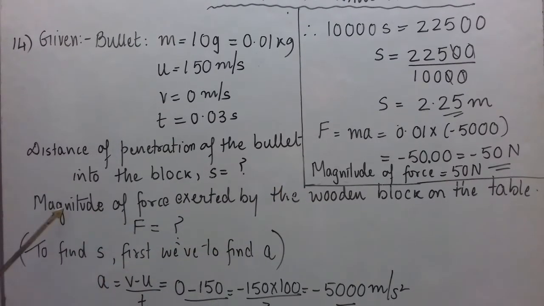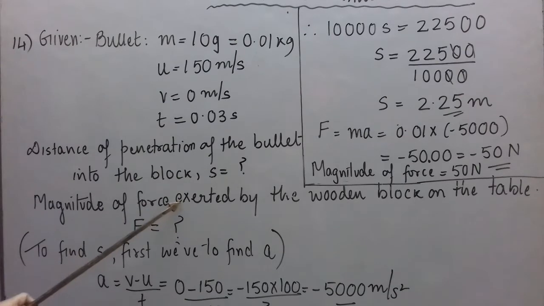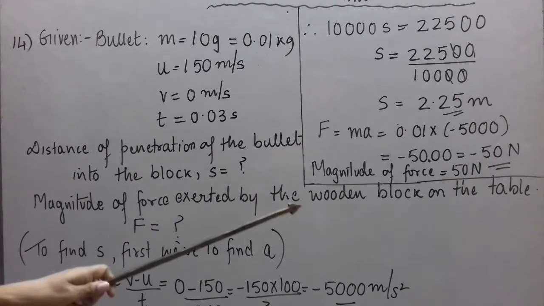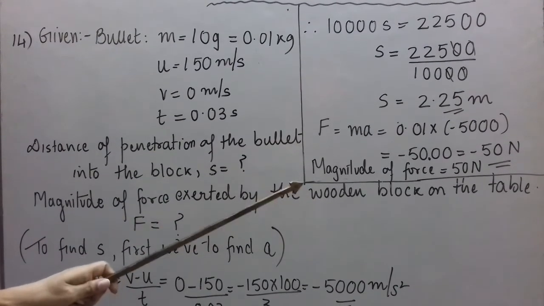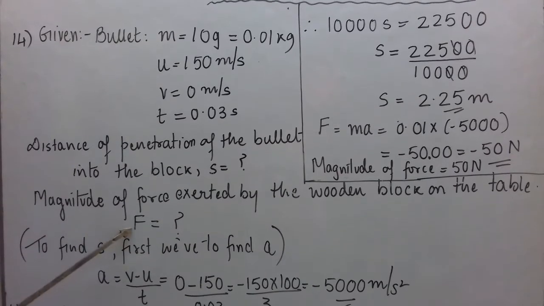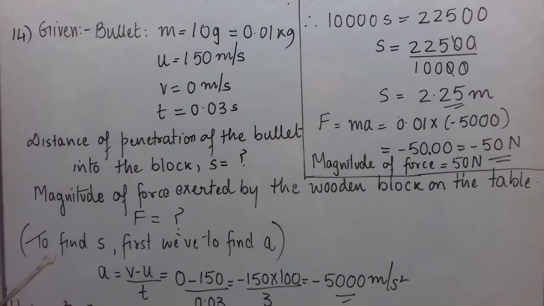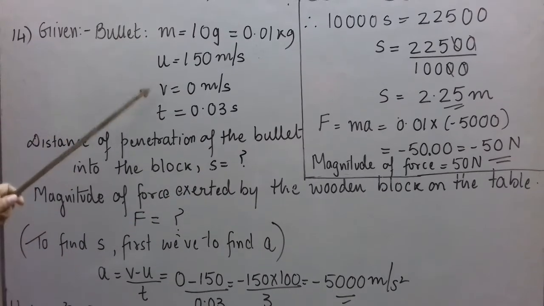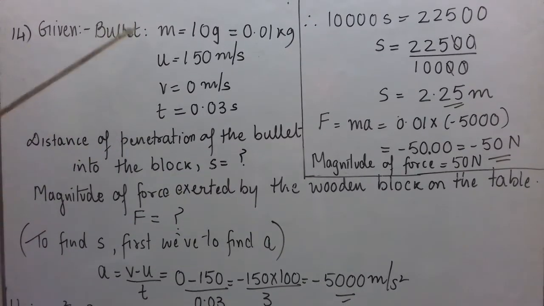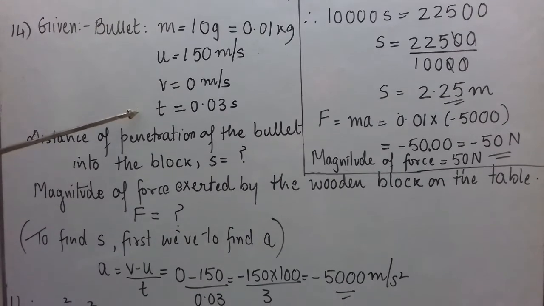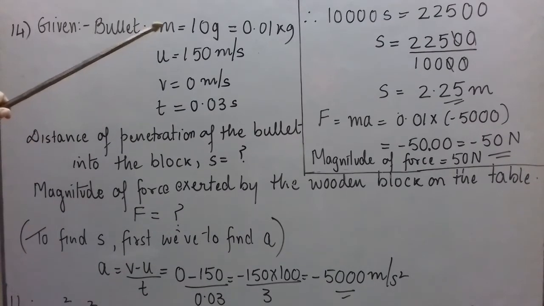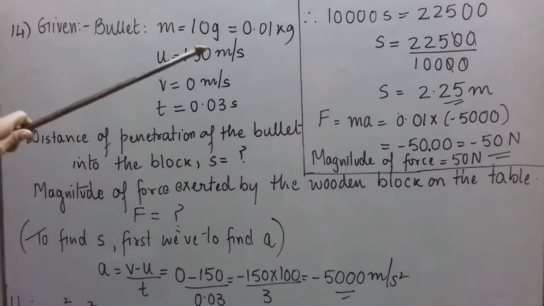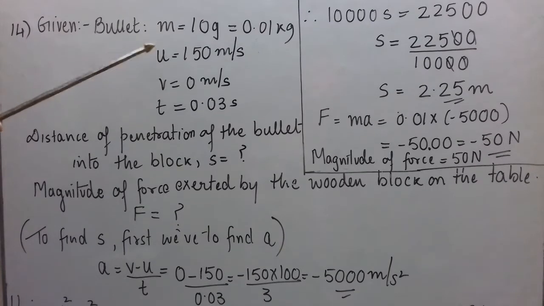So F we have to find out. Let us see, to find s first, m, u, v, t are given and we can find the acceleration. Also any conversion required? Yes, in m we will convert this gram into kg by dividing it by 1000.